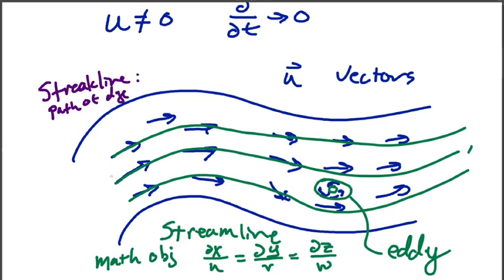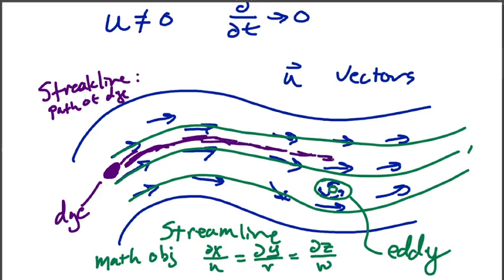So if I come into the flow and I release a blob of dye, put a whole bunch of dye down here, dye is a passive tracer in the flow, and so it'll hopefully follow the sense of the flow. This blob of dye, as it comes along, will be at different spots along the way, and we can watch this blob of dye move along the fluid. And in fact, a streakline is the path of dye that's released from a single point continuously.